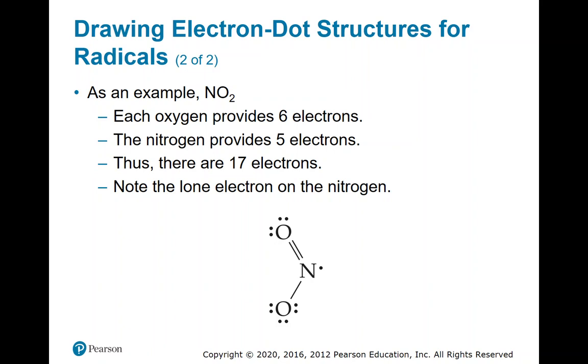So you put the nitrogen in the middle, we attach the 2 oxygens to it, we complete the octets of the oxygen atoms, and we end up with exactly 1 electron remaining to put on our nitrogen in step 4. So we just put a single dot down instead of a pair of electrons, because after putting down that 1 extra dot on nitrogen, we've used up all 17 of our electrons.